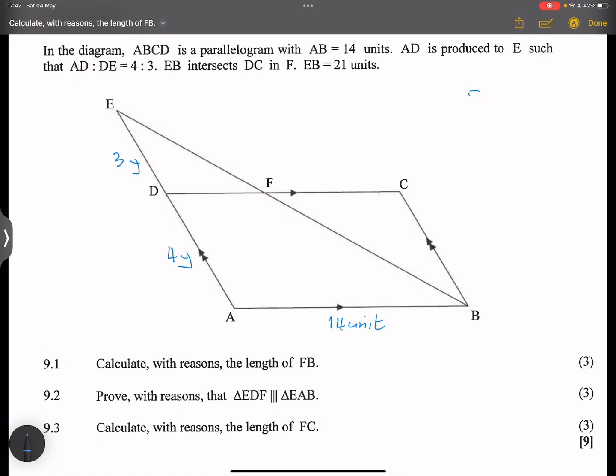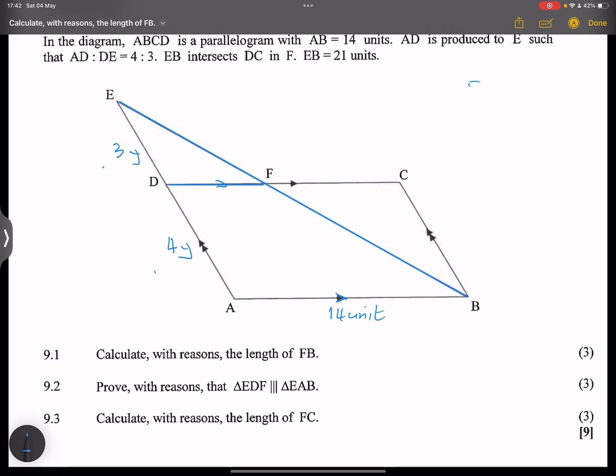Now please, I want you to remember, guys, so we know the whole side EB to be equal to 21 units. Okay? Now, and we know the ratio of these two sides. Now note that they've told us that we've got parallel lines there. So I've got parallel line DF parallel to AB, right? Because that's a parallelogram. So we're going to use our proportionality theorem, right?